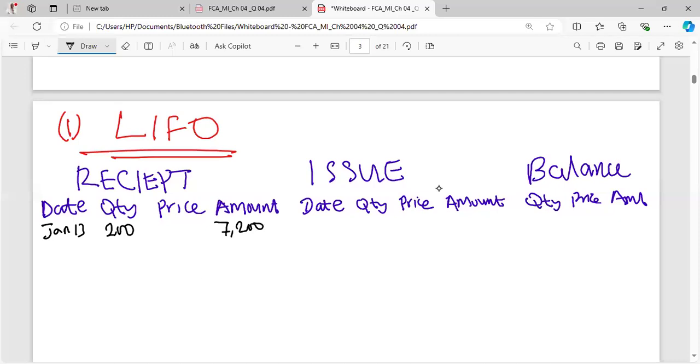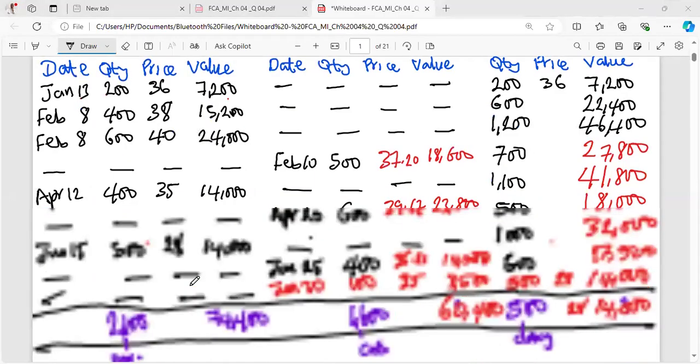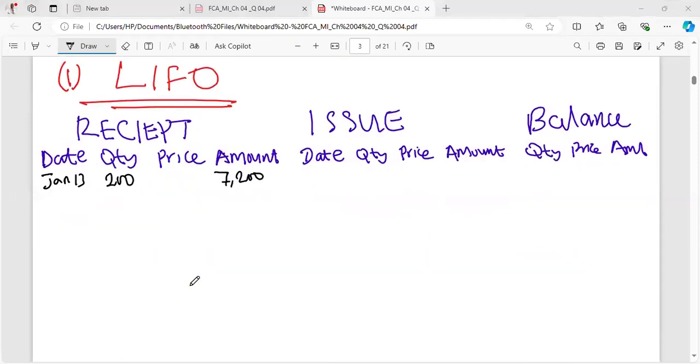If we were to check, the price is 36. So we'll put our 36 down here. Okay.